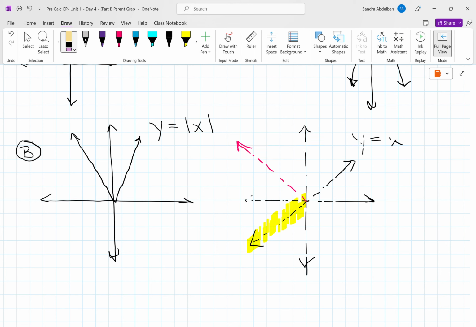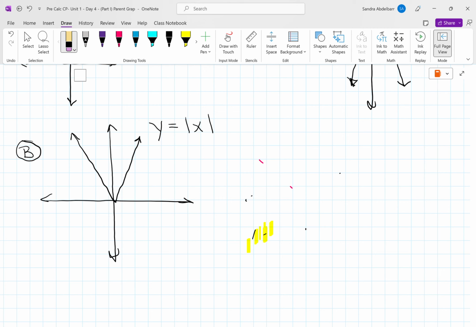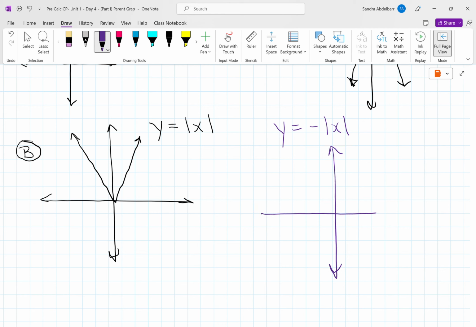And we can make the v frown by putting a negative in front of it. Let me show you where. Not inside the absolute value, because inside the absolute value it turns everything positive. So we want it outside the absolute value. So y equals the negation of x times the absolute value of x. And that looks something like this.